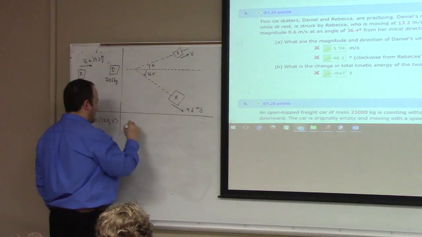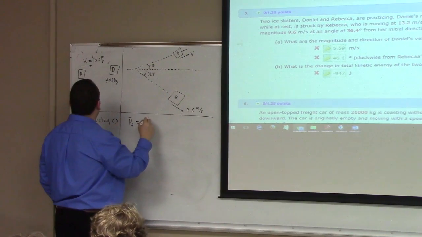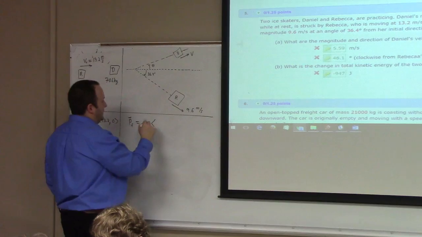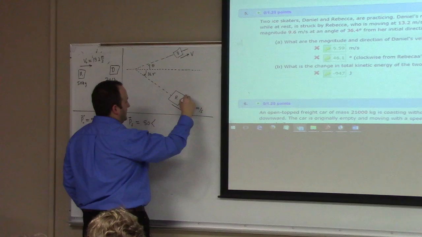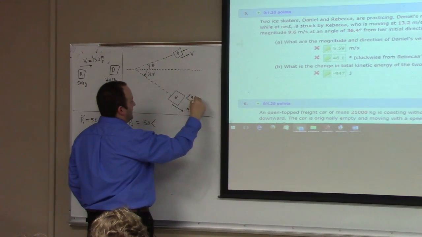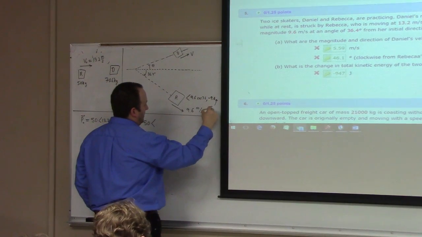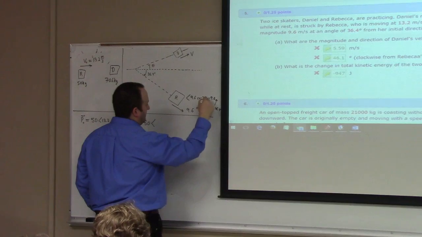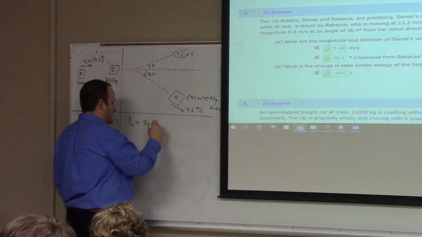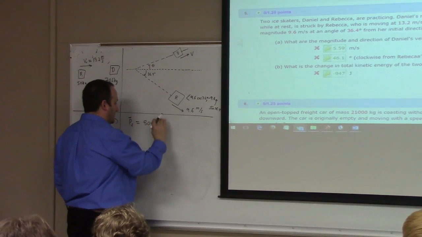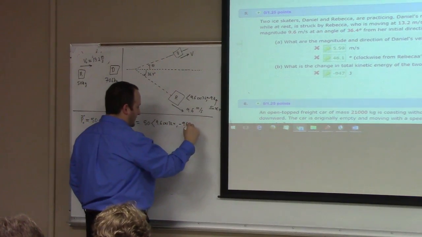Now over here, the final momentum is going to be equal to the mass of Rebecca, which is 50, times this vector: 9.6 cosine of 36.4, minus 9.6 times the sine of 36.4.